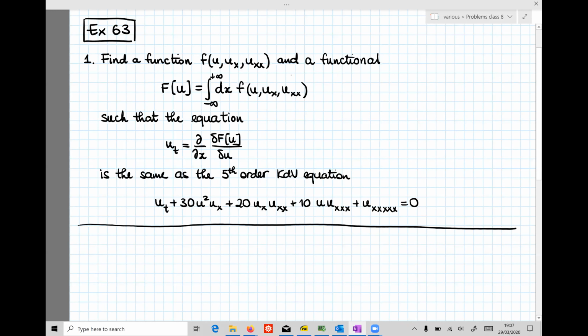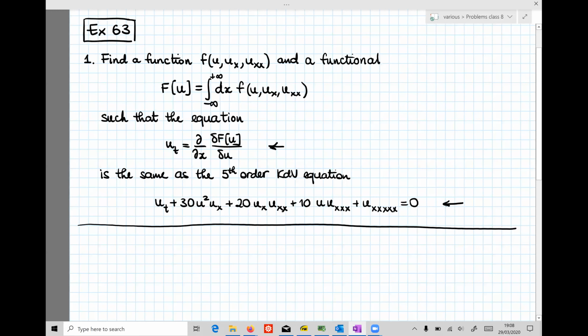We want to determine this functional F such that the equation that we see here, u_t is the partial derivative with respect to x of the functional derivative of the functional above with respect to u, is the same as the fifth order KdV equation that is written down here.